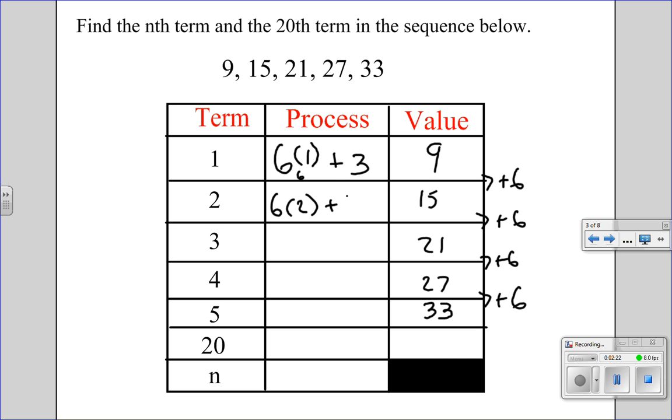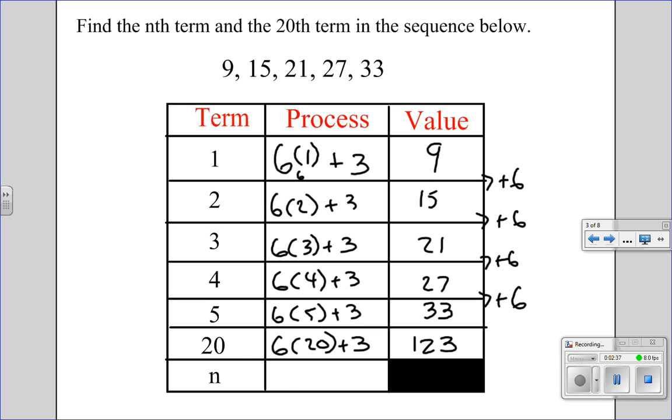And if you continue to fill in the table the whole way, you would see that it'd be plus 3 each time. And finally, if we do 20, 6 times 20, well, that's 120 plus 3 is 123. So my nth term would be 6 times n plus 3.